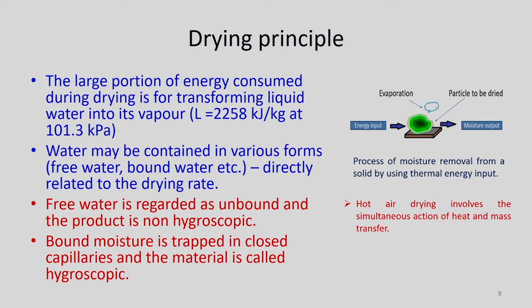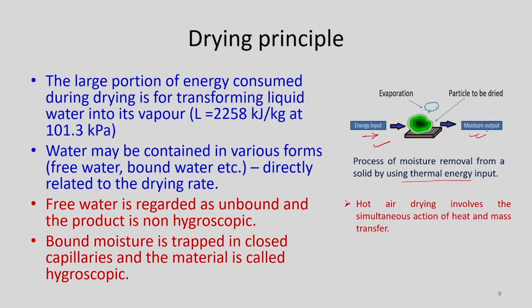So, without delay, let us discuss drying principles. As you can see, this figure shows the process of moisture removal from a solid by using thermal energy input. So, energy input is there, which is thermal, and this is the product which is to be dried and moisture has to be removed.